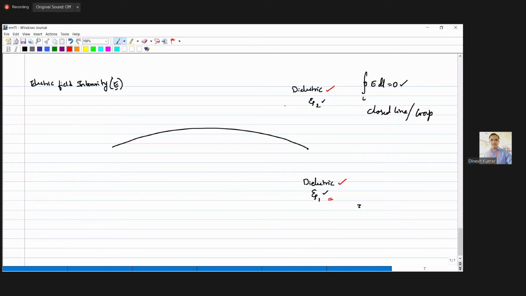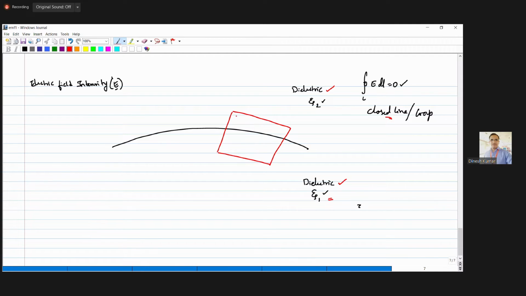Our intention is to see how the electron behaves when it flows from one dielectric material to the second dielectric material. That is the reason I'm considering the closed loop, with half of it in one dielectric material and the remaining half in the second dielectric material.